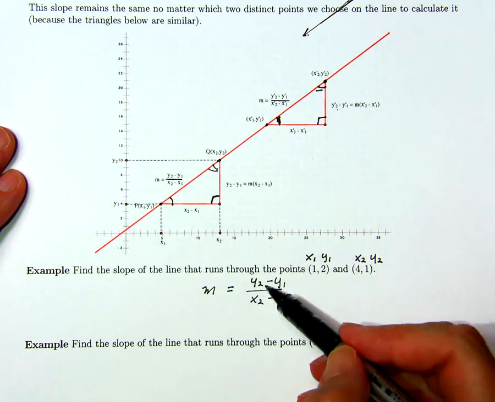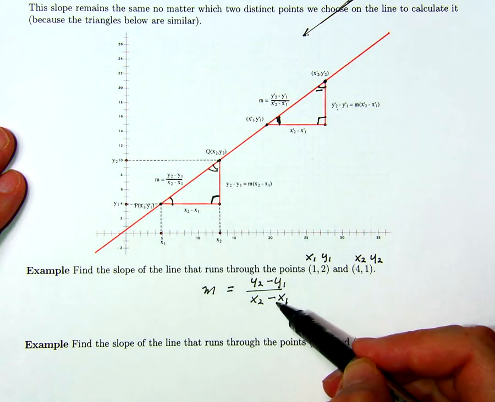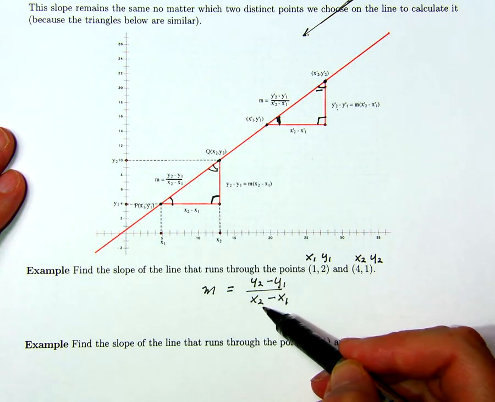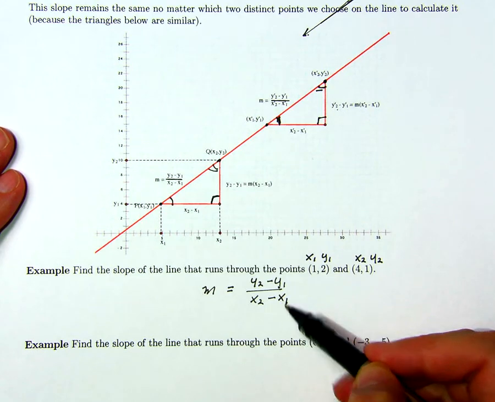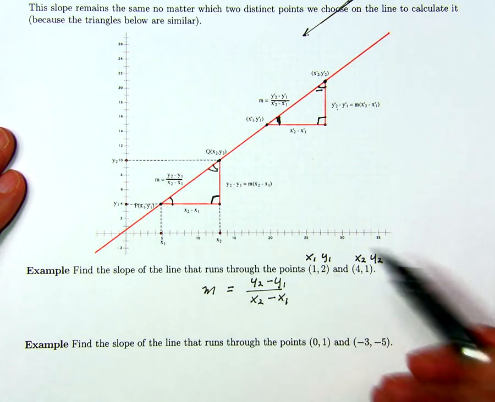Now, it is important that I maintain the order of the y's and the x's, so this should be y2 minus y1 over x2 minus x1. I can't mix up the x's here in the denominator.